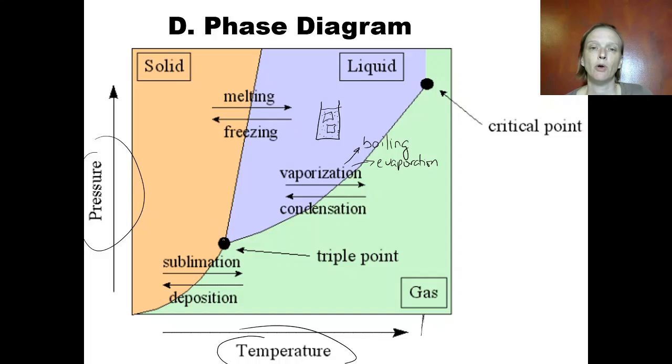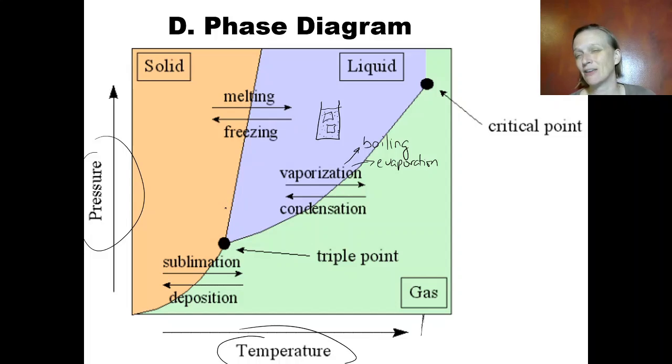The other important point on a phase diagram is called the triple point. The triple point is where you can have a solid and a liquid and a gas all coexisting at the same time in equilibrium. So you can have ice in a glass of water on a hot day, but it's not in equilibrium. Eventually that ice will melt in the liquid, so long as the temperature is above freezing.